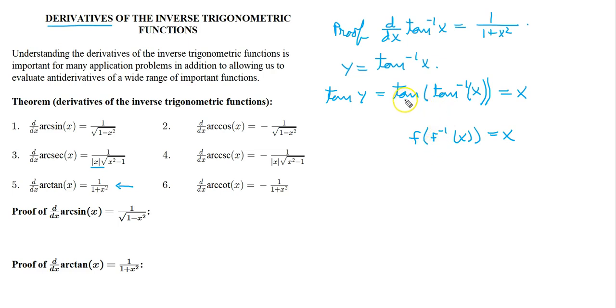So you see the tangent is playing the role of the f, and we have the inverse tangent function right here, and so this is exactly what we have up here, just with the word tangent in place of the letter f. Now keep in mind the tangent to the negative 1 power notation here. In this case that does not mean 1 over tangent, that means the arctangent or the inverse tangent function.